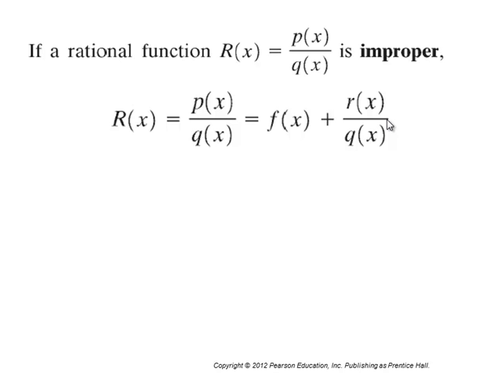Now, if your rational function is improper, then we can divide the numerator by the denominator and write it as a quotient with a remainder, with that remainder written over the denominator, just like we would do with normal fractions.